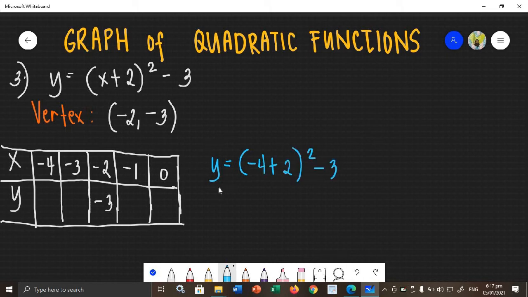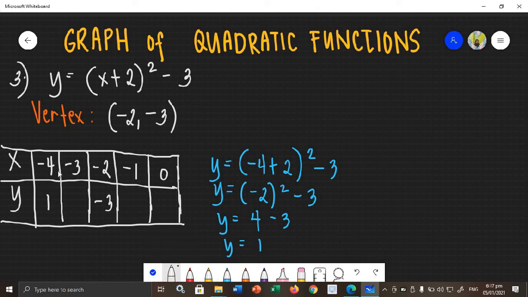Papakita ko kung paano nakuha kasi medyo mahaba yung form ng quadratic function na to. So, we have -4 plus 2, that is -2 squared minus 3. Simplify, -2 squared, that is equal to 4 minus 3, y is equal to 1. Okay? Kaya makukuha mo dito sa y-coordinate is 1.